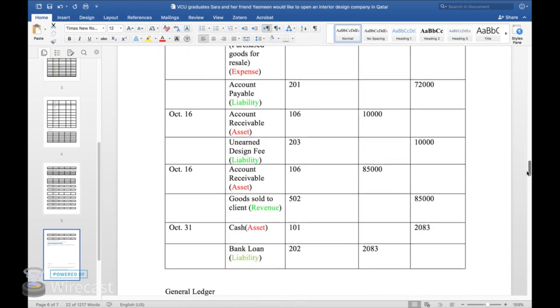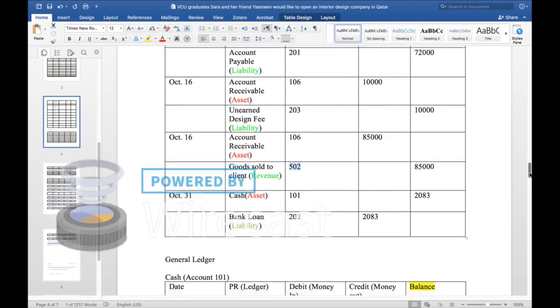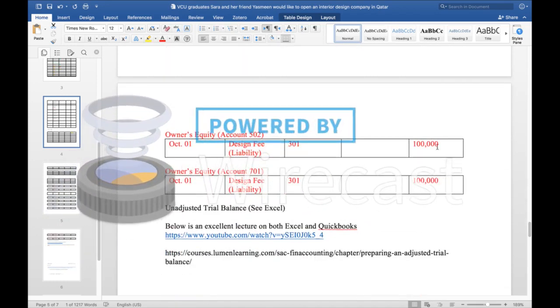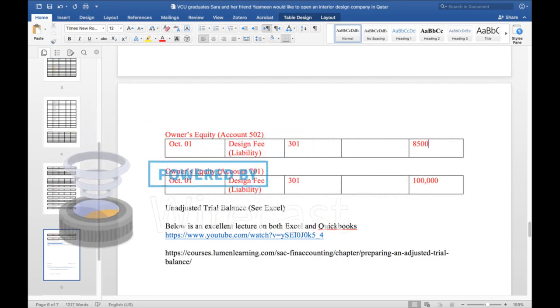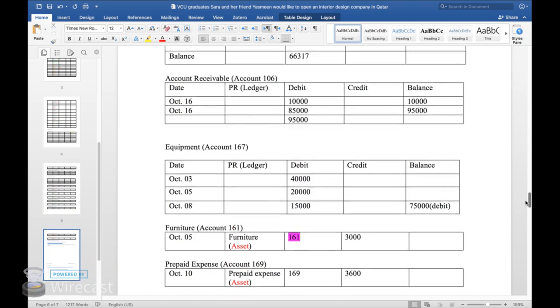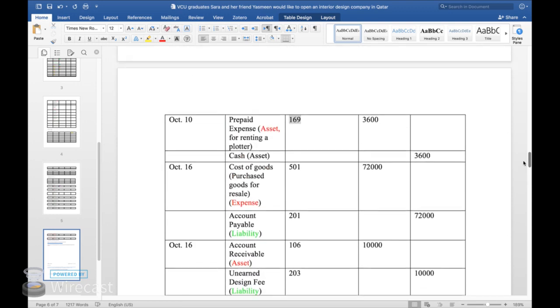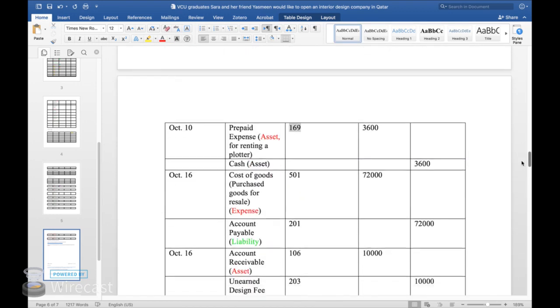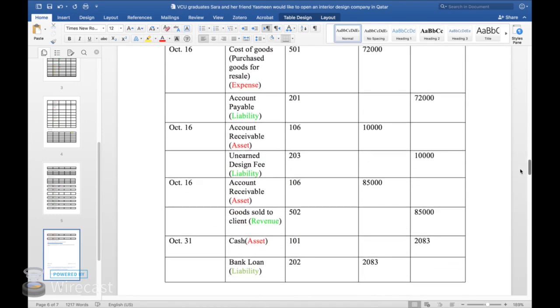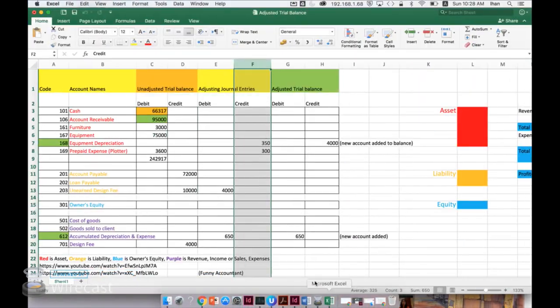502 is here. Okay. The number is 85 on credit. Okay. 701 is, where is the 701? What is it? Check this.